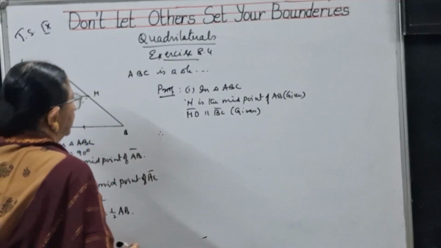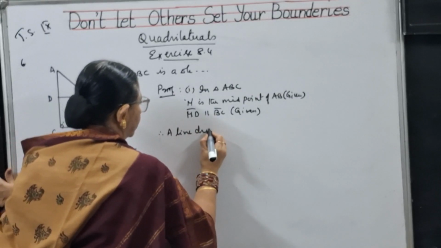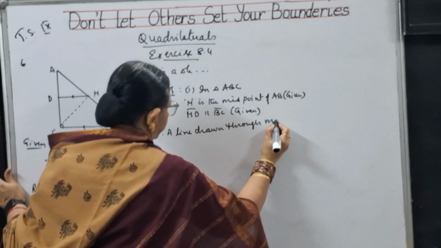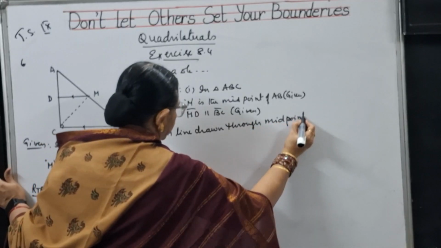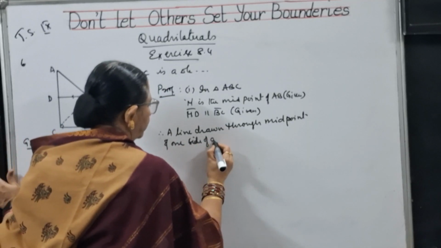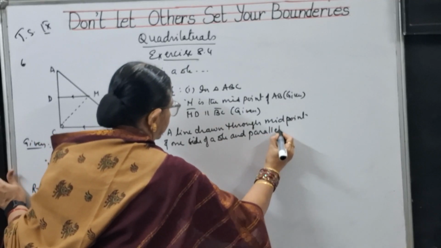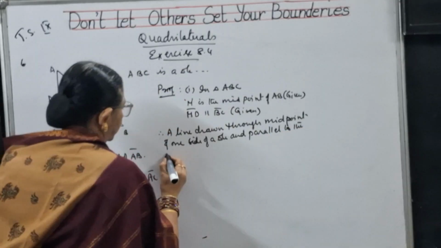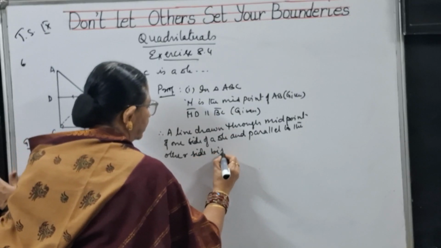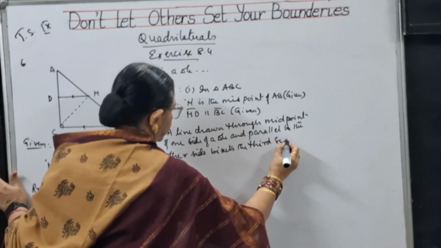Therefore, what you can say, see, a line drawn through midpoint of one side of a triangle and parallel to the other side bisects the third side.